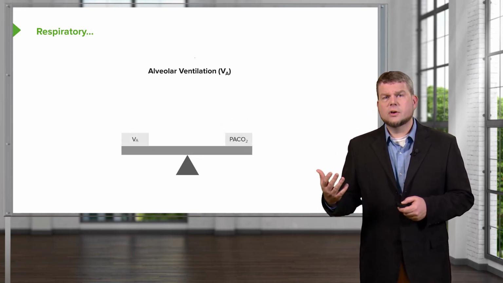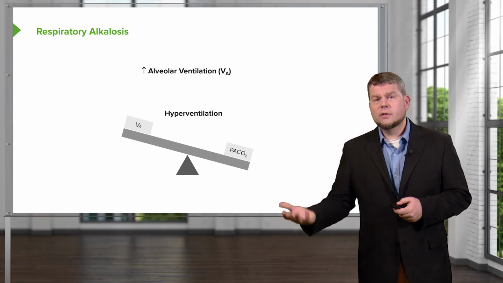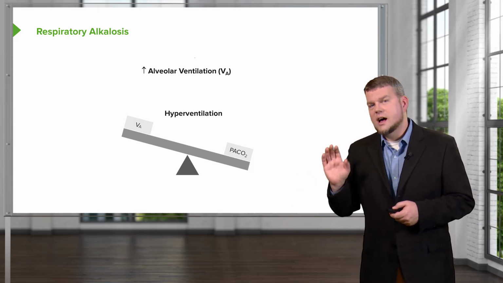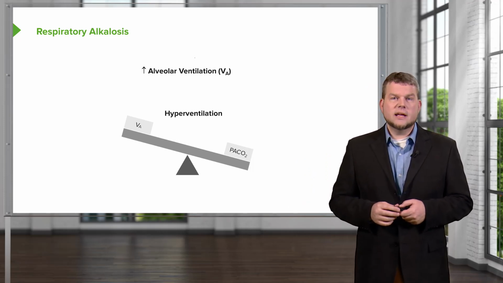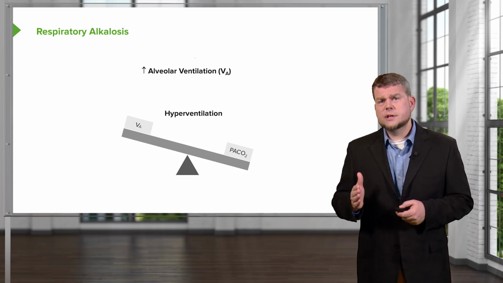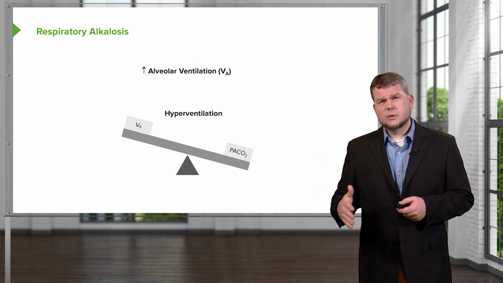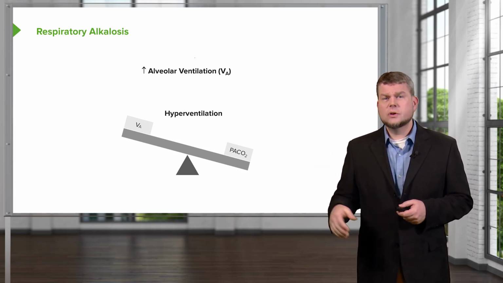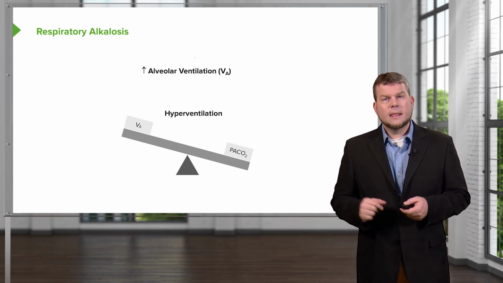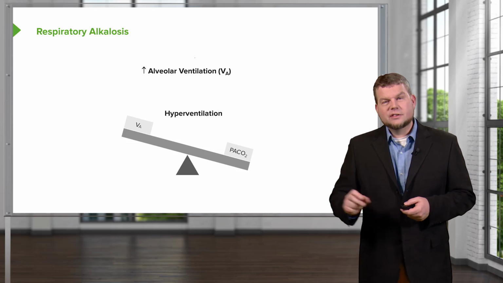The opposite also occurs. If you have a hyperventilation, you have an increase in alveolar ventilation, automatically have a decrease in PaCO2. Now, it doesn't matter if this is alveolar CO2 or arterial. So we could use capital A PCO2 or small a PCO2. Either would work fine. There's an inverse relationship.